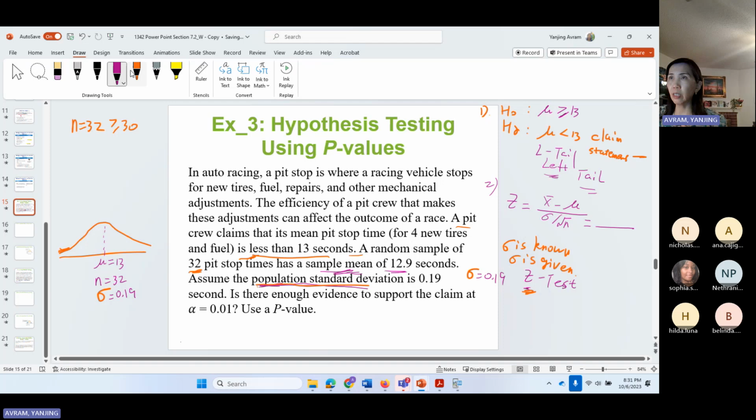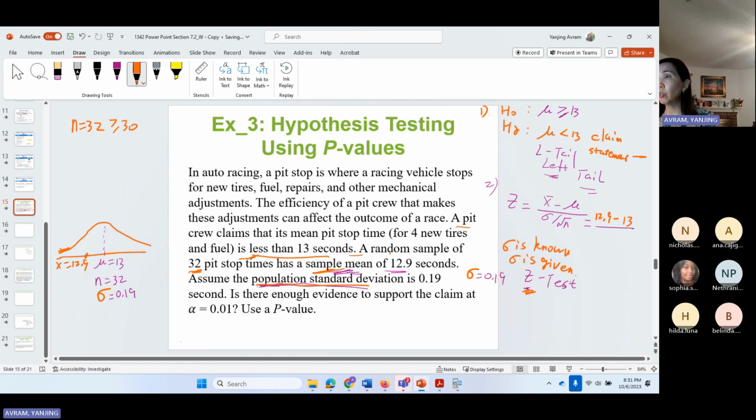X bar here is 12.9, which is less than 13. The crew claimed that the mean stop time is less than 13 seconds, so 13 seconds is the population mean. That is very important because this one tells you the sample mean.